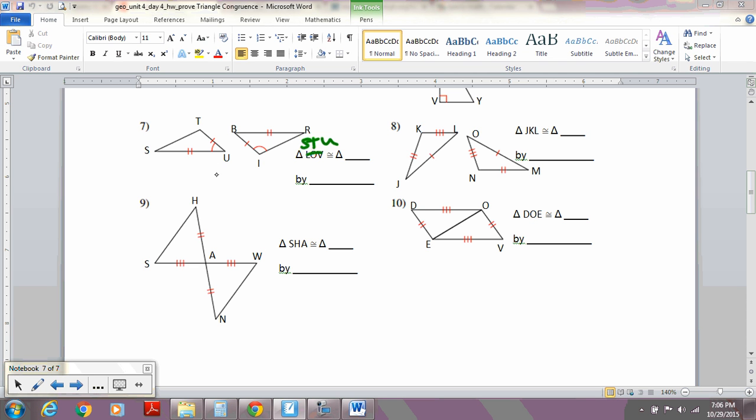So that looks like something we've talked about, 2 sides and an included angle. However, on the other triangle, we have 2 sides and an angle, but the angle is not included. It's not between the 2 sides. So again, we don't have enough information. So these are not congruent.